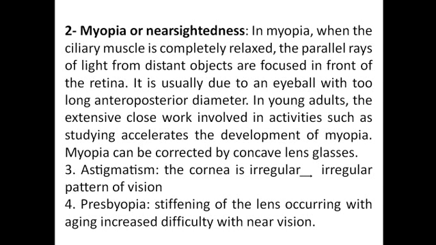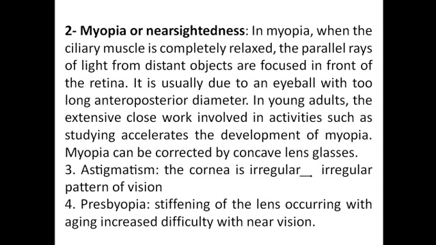It is usually due to the eyeball being too long in anteroposterior diameter, in young adults, or to extensive work activities such as studying, which accelerate the development of myopia. Here the person does the opposite and brings the magazine or newspaper closer in order to read, because the distant object is blurred. This also creates a problem in driving, because the person cannot see the cars' lights coming from far away well.